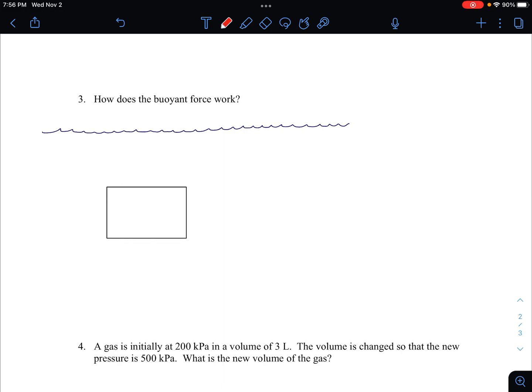I have a pressure from this side right here. I've got a pressure. This is a side pressure, which is equal to the force divided by the area. I've got another pressure over here, which is also a side pressure.